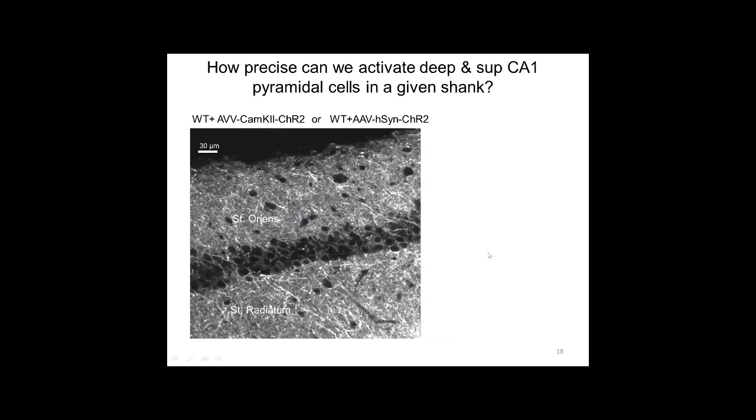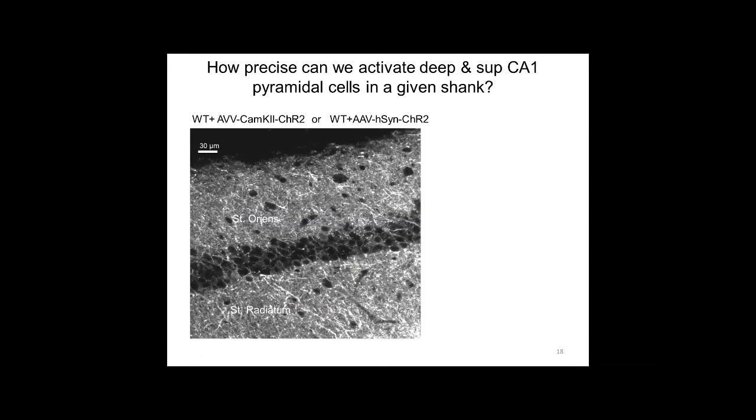Okay. So, equipped with these tools, we can now think, great, we have a tool to scale from single cells up to multiple cells. But how precisely can we activate deep and superficial CA1 cells in a given shank? This is a big question, as I spent the first part of my talk giving you a lot of information on how precise we can be with single cell approaches, by juxtacellular or intracellular approaches, regarding the location of the cell.